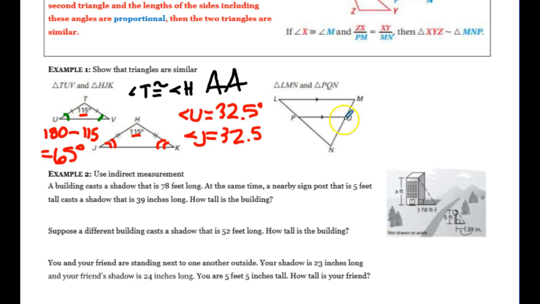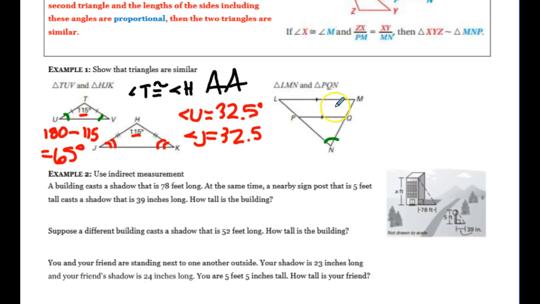All right, let's take a look at number 2. I've got these two parallel lines, so I'll get to that in a minute. I've got a big triangle, LMN, and a slightly smaller triangle, PNQ. Now, they share angle N. So I only need one more angle to prove similarity by angle-angle. And I'm going to do it with these parallel lines.